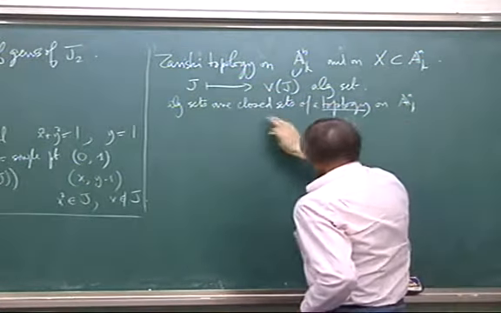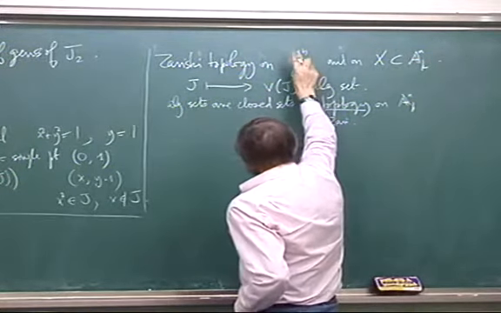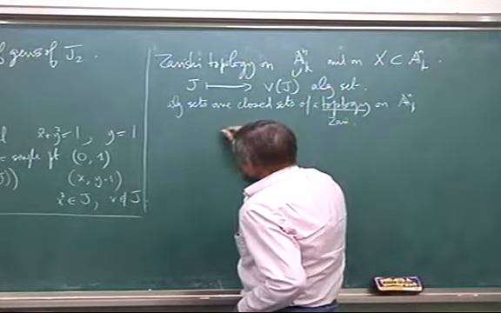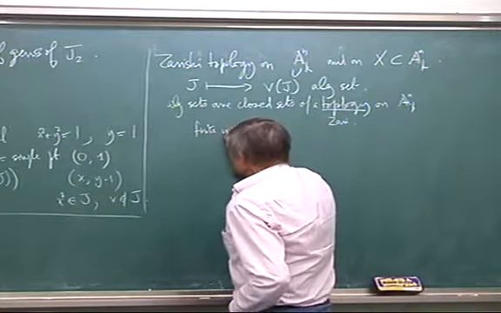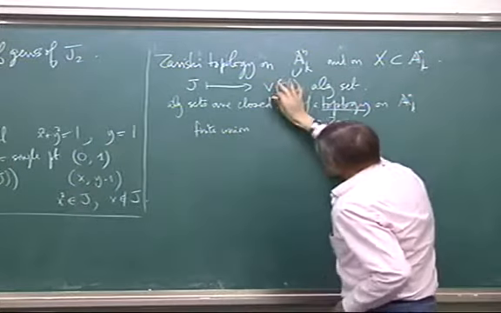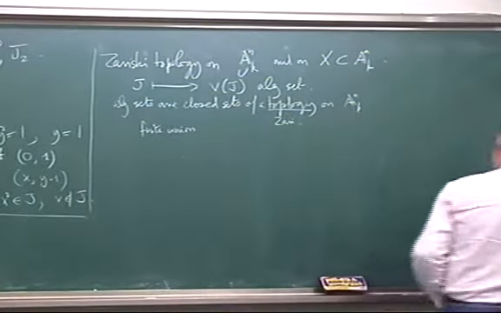Saying that they form a topology means the trivial things: that the whole space and the empty set are closed sets. And then the idea that a finite union of closed sets is closed. So if I've got a finite union of algebraic varieties, for example these three lines, that's still an algebraic variety because it's still a set defined by equations.